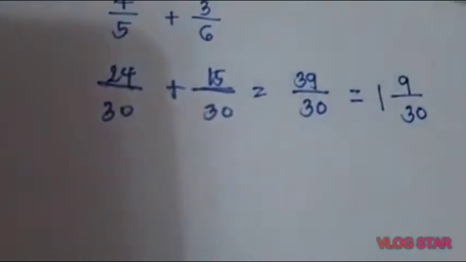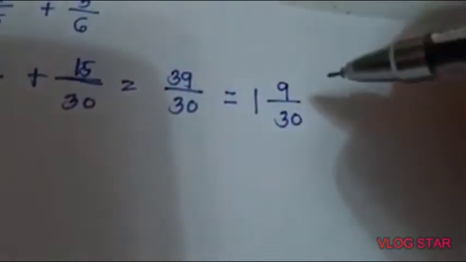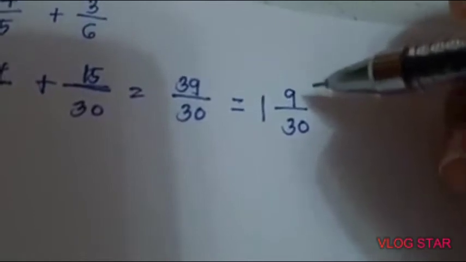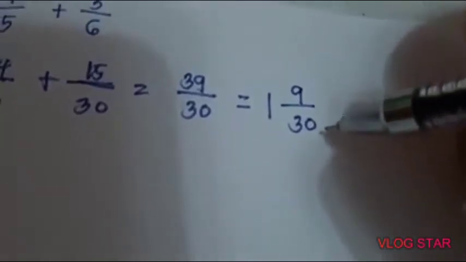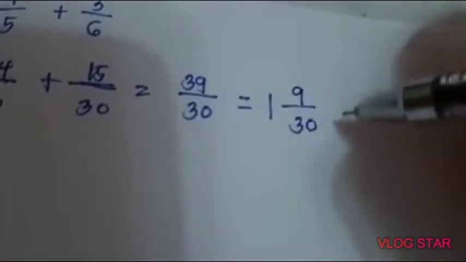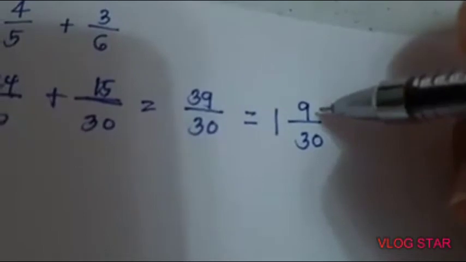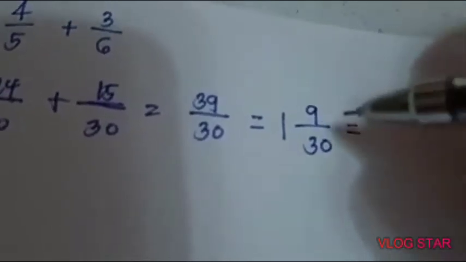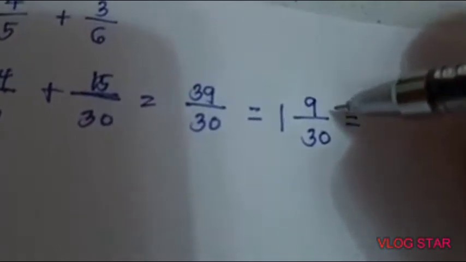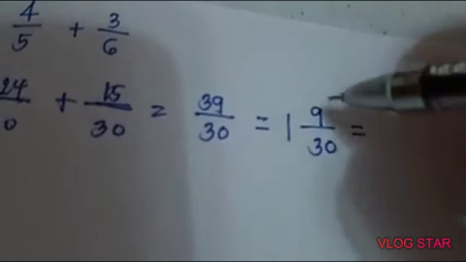Okay, but before you finalize your answer, my dear students, you have to examine first your fraction. You have a numerator which is 9 and a denominator which is 30. Looking at this, you examine whether there is still a number that can divide both 9 and 30. If there is, then you have to convert this to the lowest term.